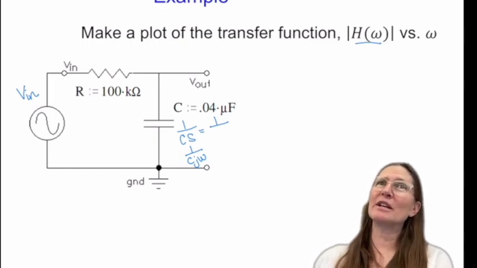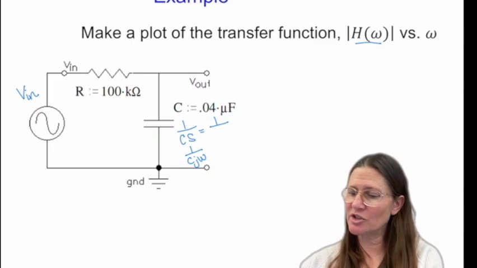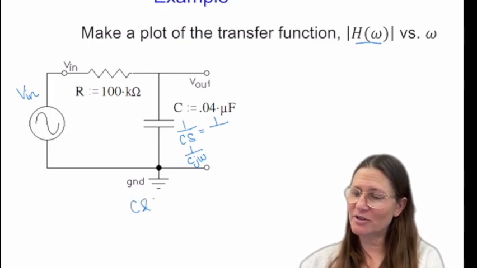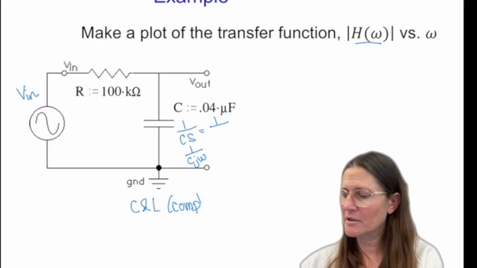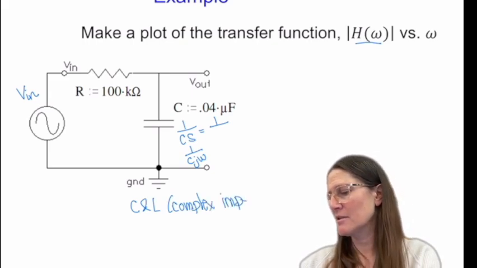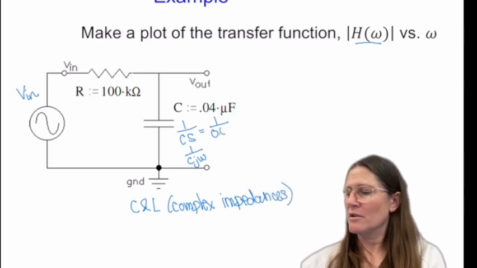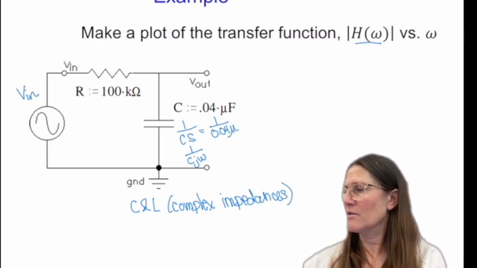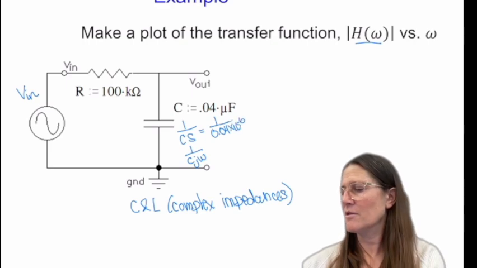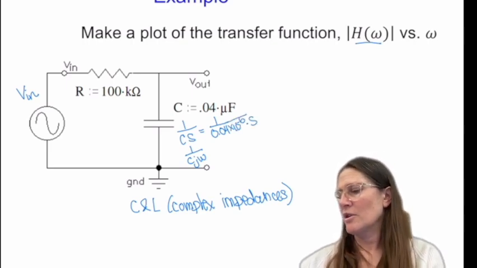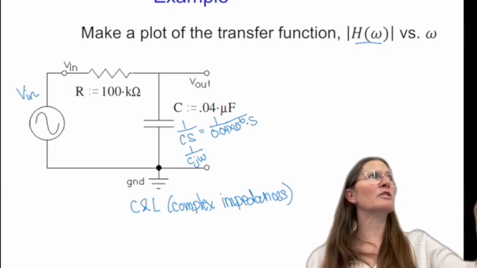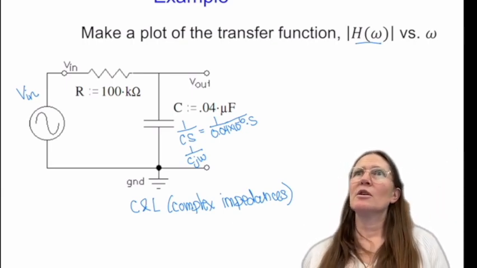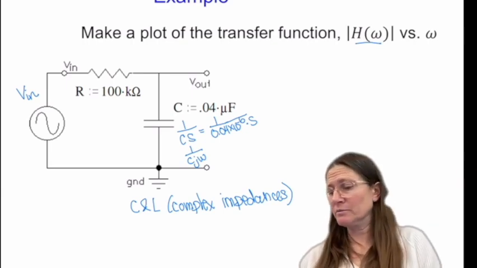We call these complex impedances. So capacitors and inductors are called complex impedances. I like to work with S, and then I'll change into J when I'm doing more algebraic manipulations. Either of them you can start off with, though.